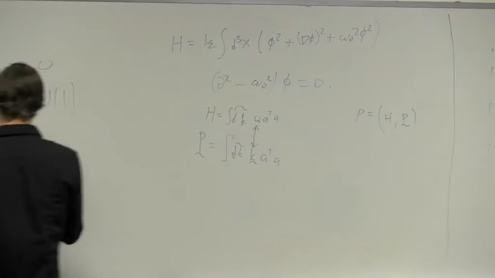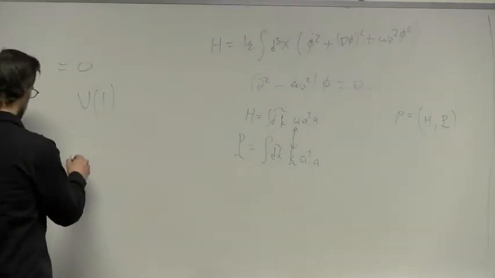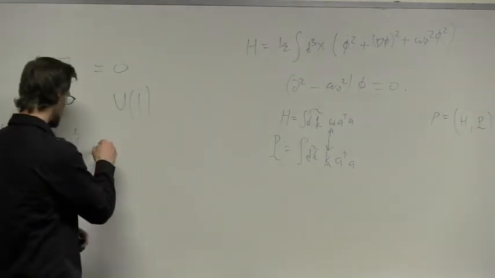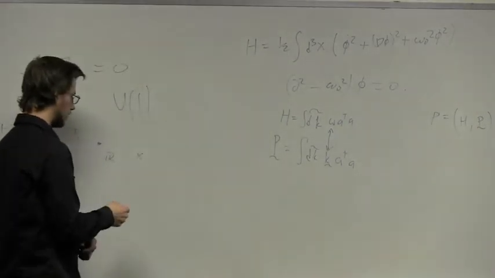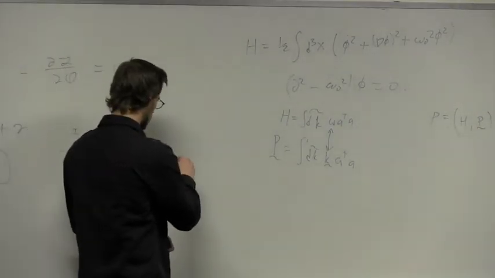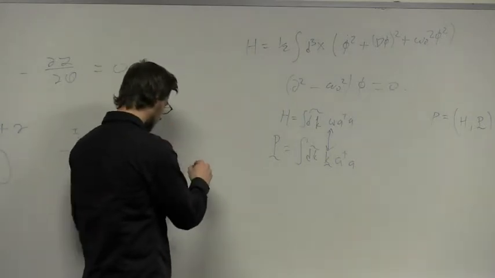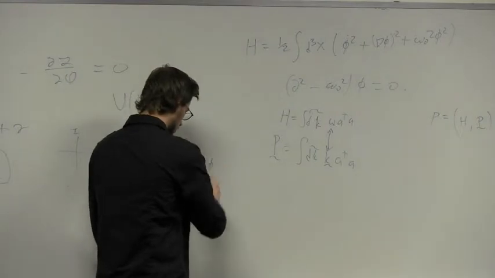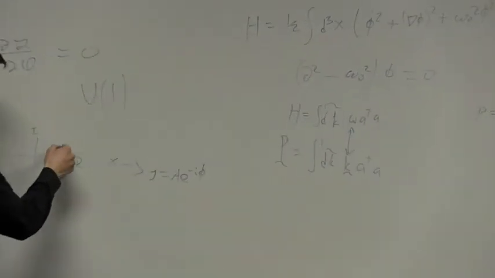So you have some element x, and then you go to another element y by this transformation, where phi is some angle in the complex plane.